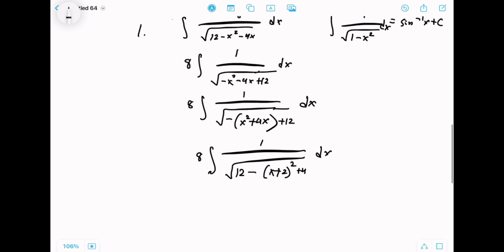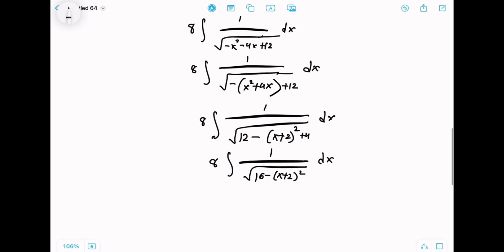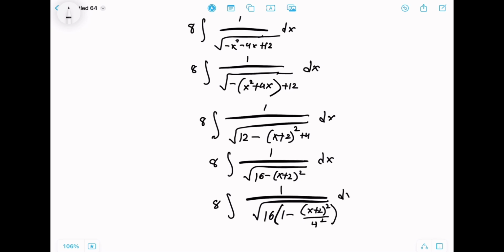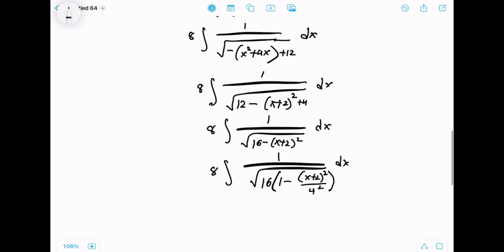And now I can make this 8 integral 1 over square root 16 minus x plus 2 squared dx. Then what I can do is factor out a 16 to get 8 times the integral of 1 over the square root of 16 times 1 minus x plus 2 squared over 4 squared dx.